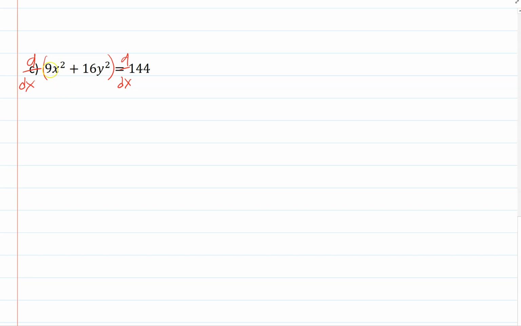So we have the derivative of 9x squared with respect to x, and that's why it's important that we write with respect to x. Okay, so the derivative of 9x squared with respect to x is 18x plus the derivative of 16y squared with respect to x.